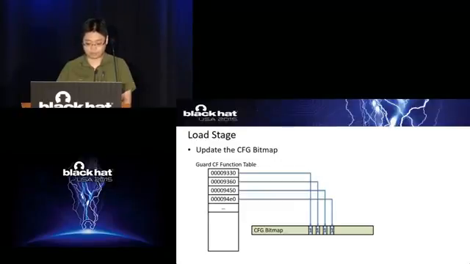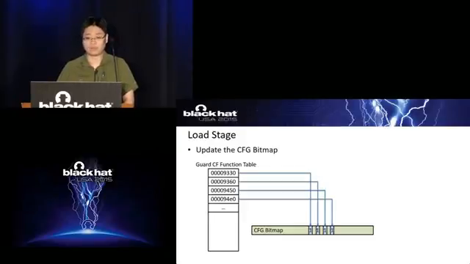Each odd bit in the bitmap will represent one 0x10-aligned legit address, and each even bit in the bitmap will represent the other 15 addresses.